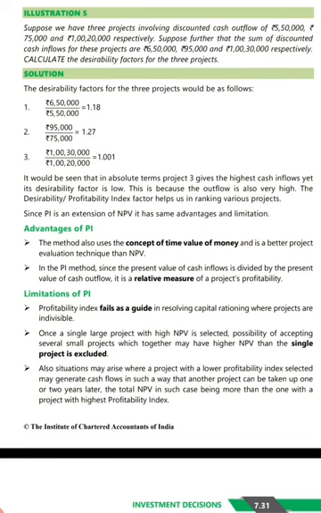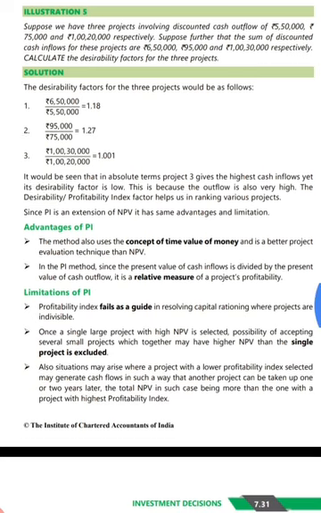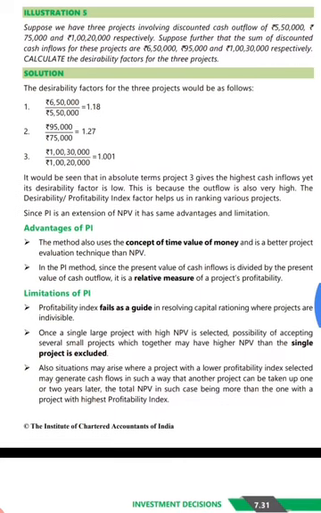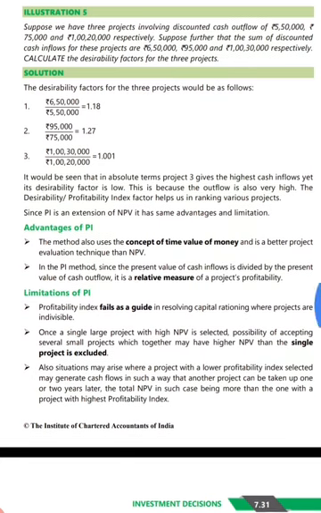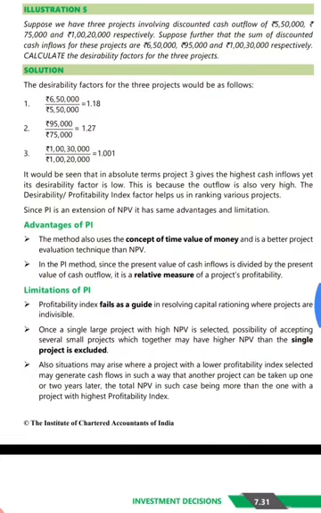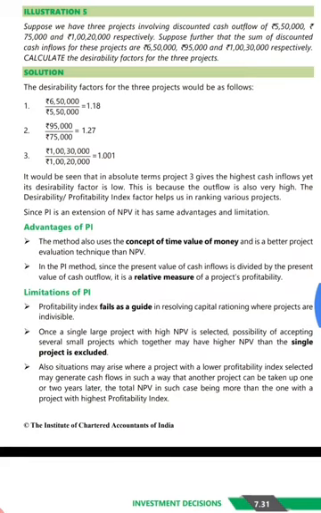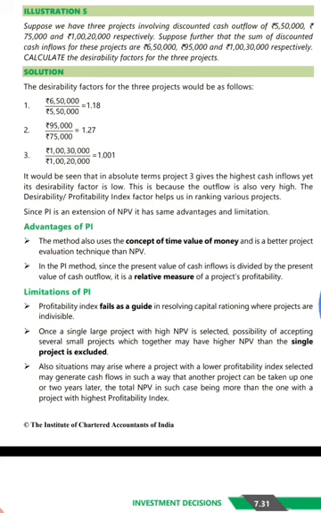We always mention this as a ratio or index. For the second project, 9,50,000 divided by 75,000, you will get 1.27. And for the third, you will get 1.01. Of all these, which one has the highest profitability index? It is 1.27.